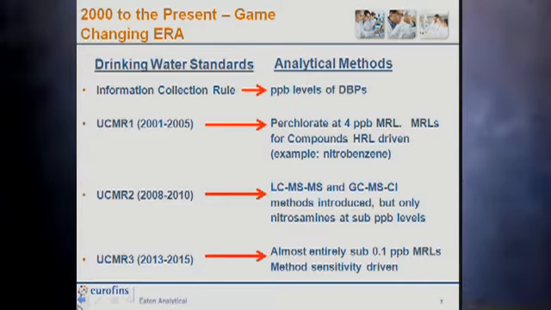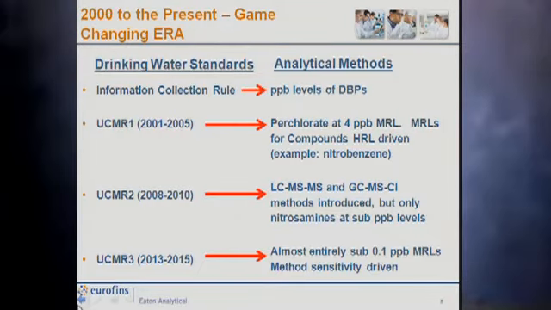So for UCMR1, EPA actually developed a new analytical method, method 526, which was capable of getting nitrobenzene down in that sub-ppb range. So there's already an example way back in the early 2000s of analytical methods beginning to be tweaked downward as a result of health reference levels.